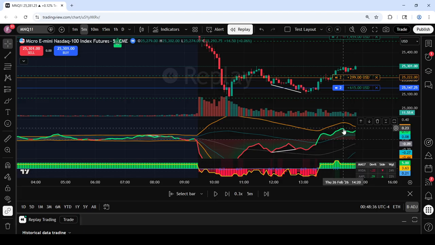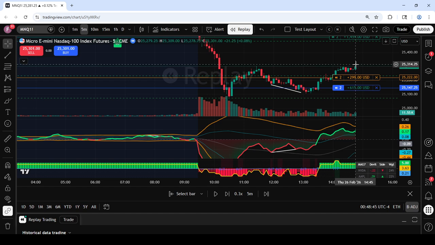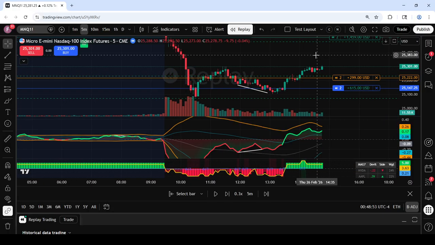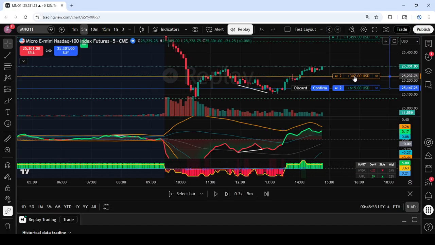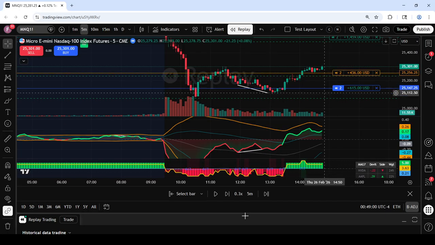Alright, see, I'm seeing this new high lower than this previous high. At the same time right here, this high is a little higher than this previous high. This is bearish. So I'm going to move my stop up some more. Here. Lock in a little more.